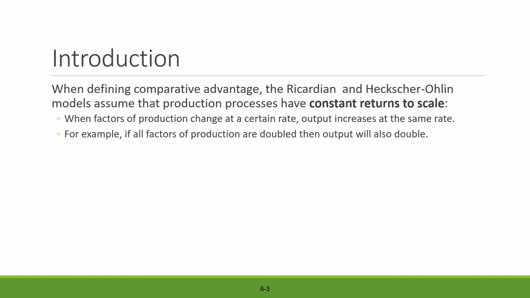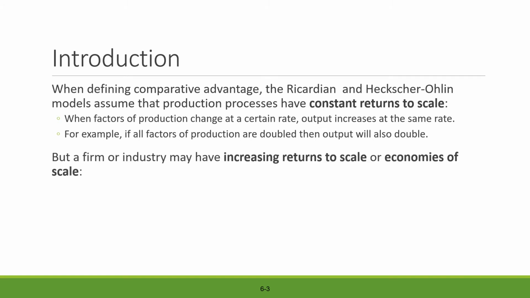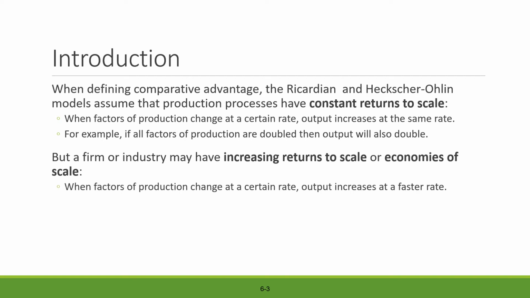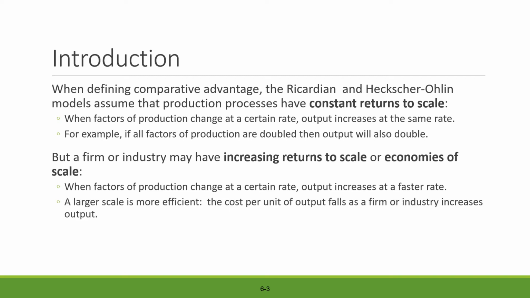Now, when factors of production change at a certain rate, and output increases at the same rate, that is constant return to scale, and it has the example that we have already discussed here. But a firm or industry may have increasing return to scale, or economies of scale, that is what it is called alternatively. When factors of production change at a certain rate, output increases at a faster rate, and a large scale is more efficient.